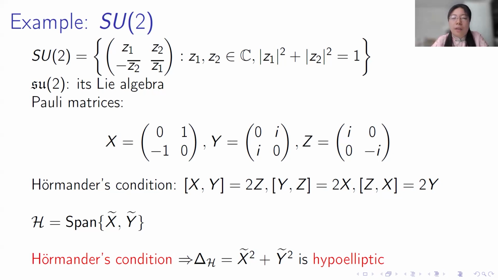And again, we have a very concrete sub-Laplacian, still a sum of squares of two vector fields. And this is the positively curved model in sub-Riemannian geometry.